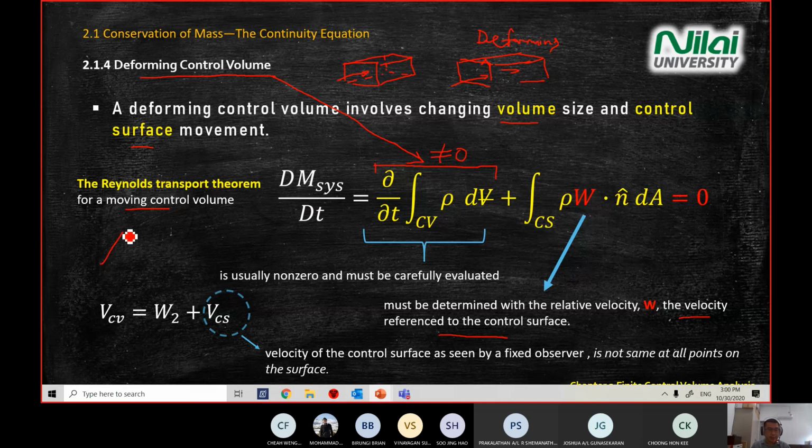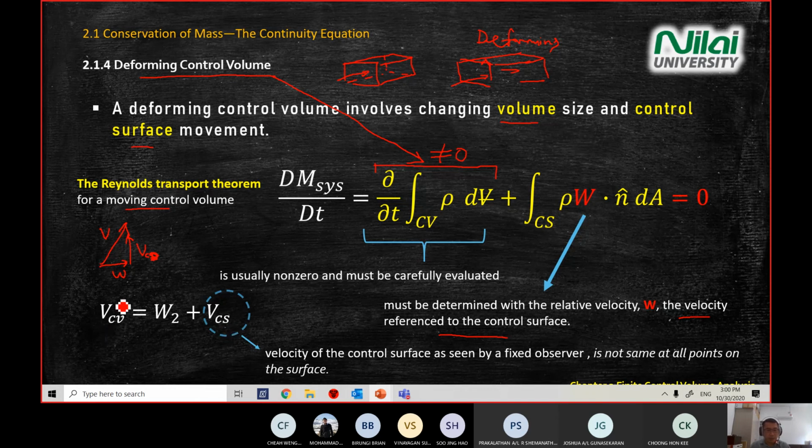Previously it was VCV. Now it is VCS because we have a changing control surface.